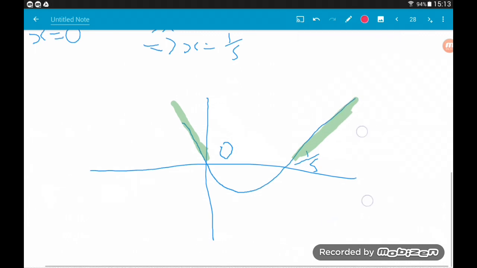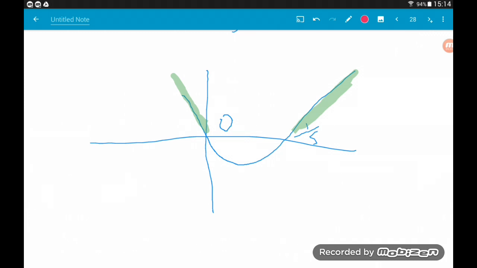In terms of the x values, we want it to be strictly greater than 0, so it's not allowed to be on the x-axis, it's not allowed to equal 0, it has to be greater. So over here we would want x is greater than 1/5, which would produce the right hand tail of our parabola, or on the left hand side we would want x to be less than 0. So those are our two solutions to this quadratic inequality.